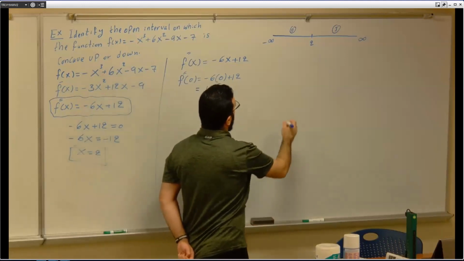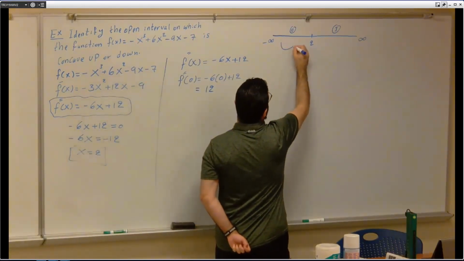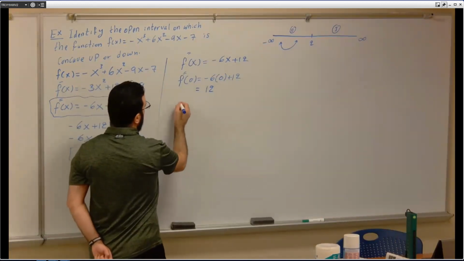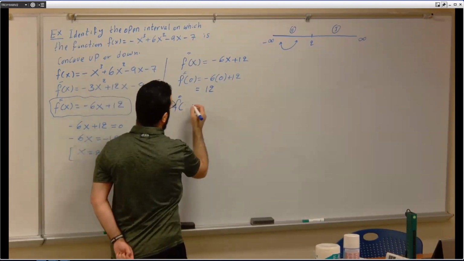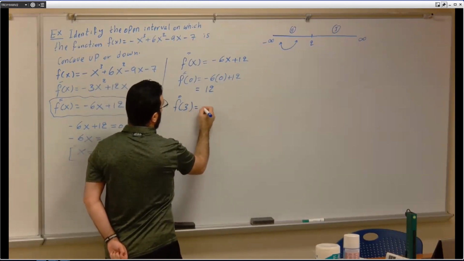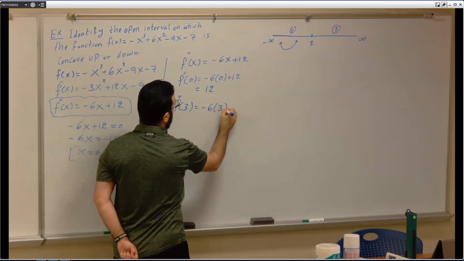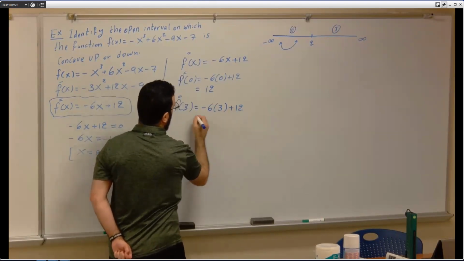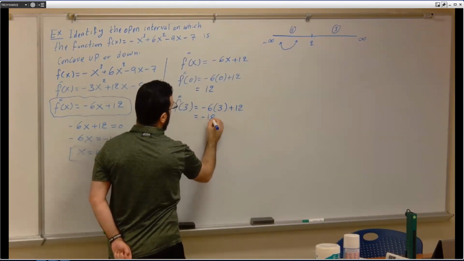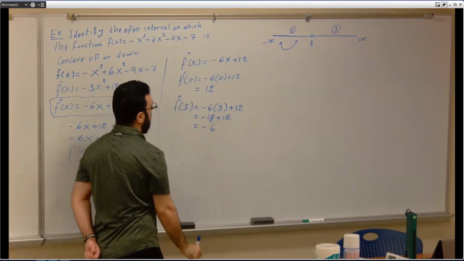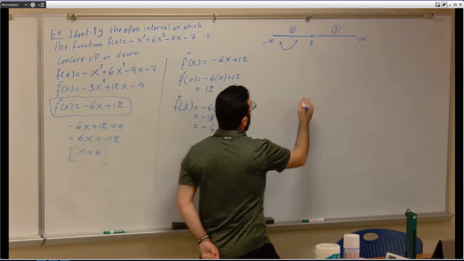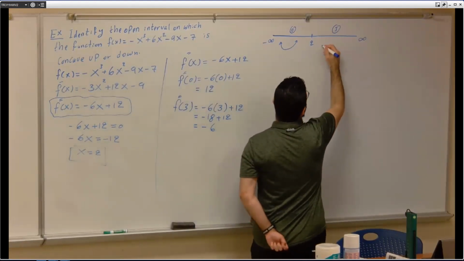So it's positive. That means it's going to be concave up. And f double prime of 3 is going to be negative 6 times 3 plus 12, which is equal to negative 18 plus 12, which is negative. So it's negative. That means the function is concave down.